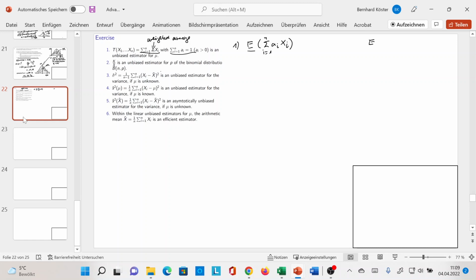What is E of x plus y? Which property has this operator?